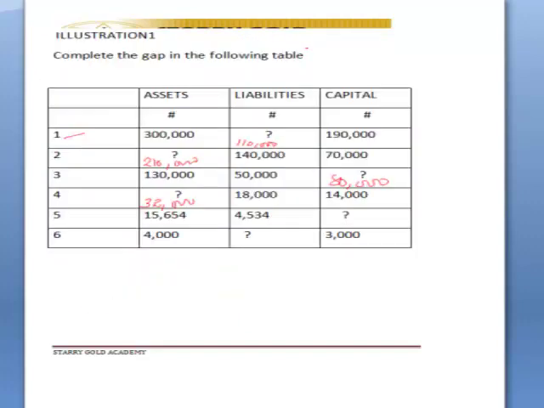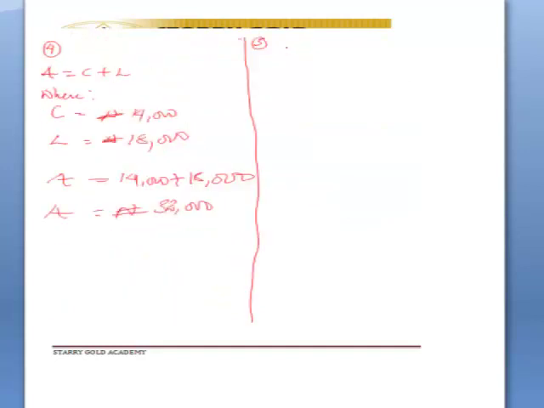We are looking for capital. So C equals A minus L, where A is 15,654 and L is 4,534.